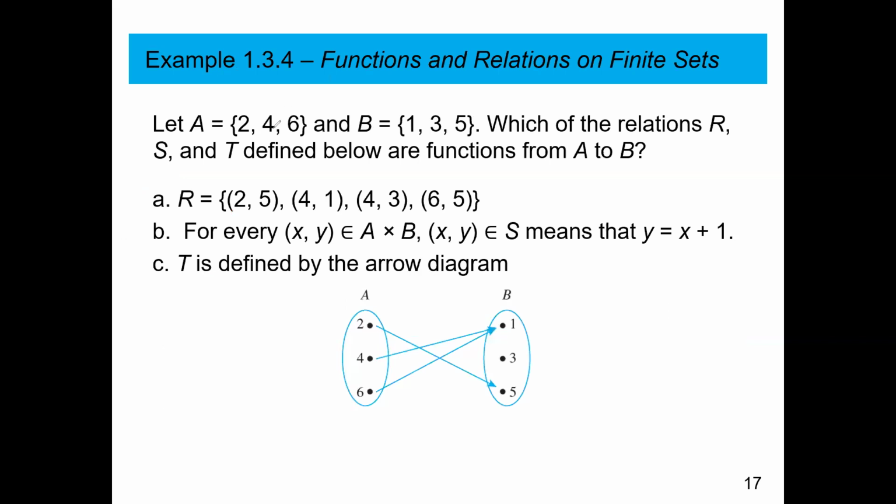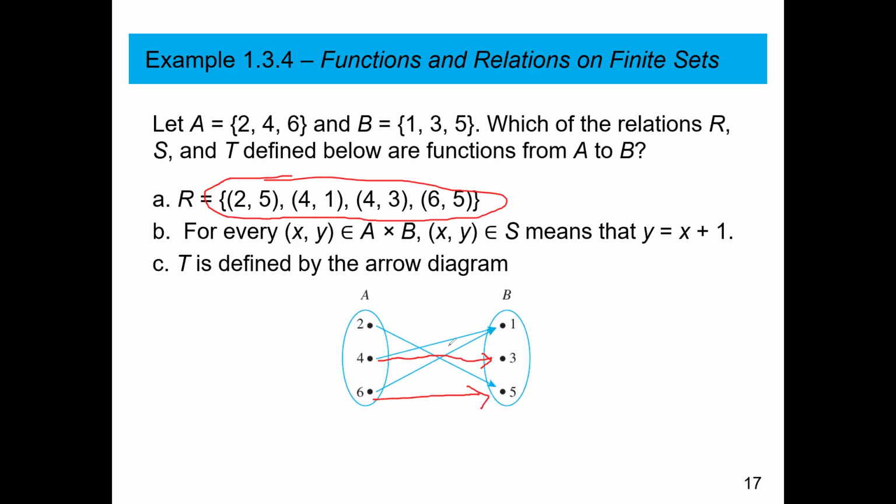So A is {2, 4, 6} and B is {1, 3, 5}. If I define the relationship, 2 goes to 5. All right, we draw an arrow. 4 goes to 1, done. 4 goes to 3. That would be similar to this, except it would just add this one extra arrow, and 6 goes to 5. So instead of 6 going to 1, it would go here.